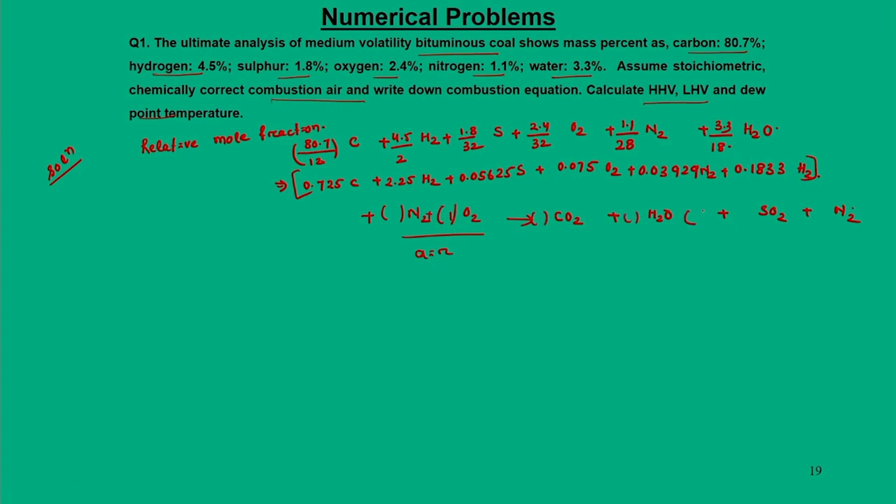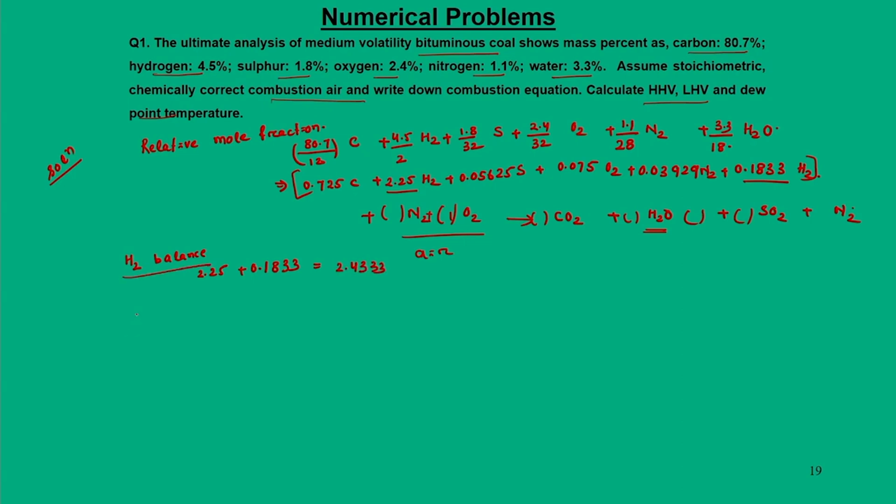So, for that we have to do the H2 balance. If you see here, H2 is 2.25 and it will give you water. So, it is 2.25 plus this 0.1833, which will give you 2.4333.